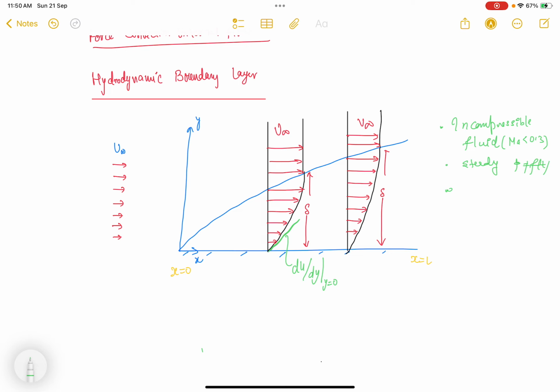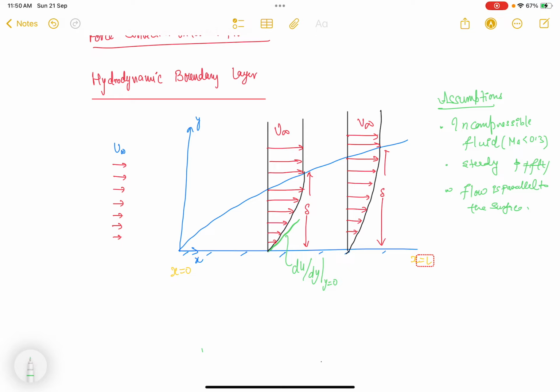right? And flow is parallel to the surface, right? These are the underlying assumptions about this boundary layer concept.